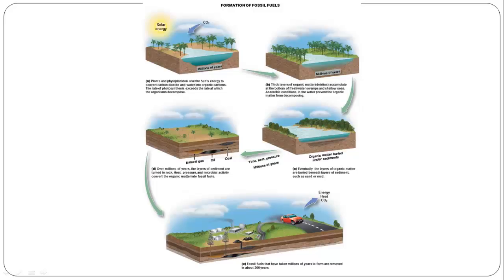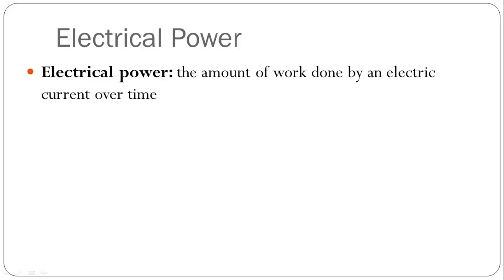The most usable form of energy is electrical power. Electrical power is the amount of work done by an electrical current over time, so we can convert it to mechanical energy, or we can use it for light bulbs, or for running your computer.